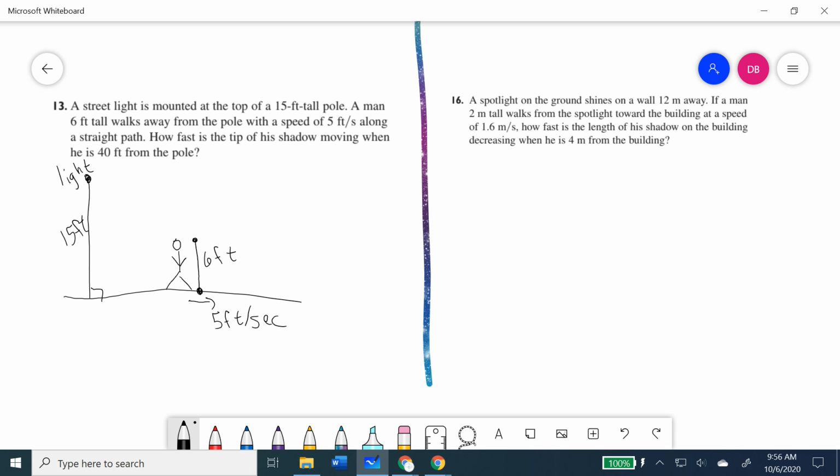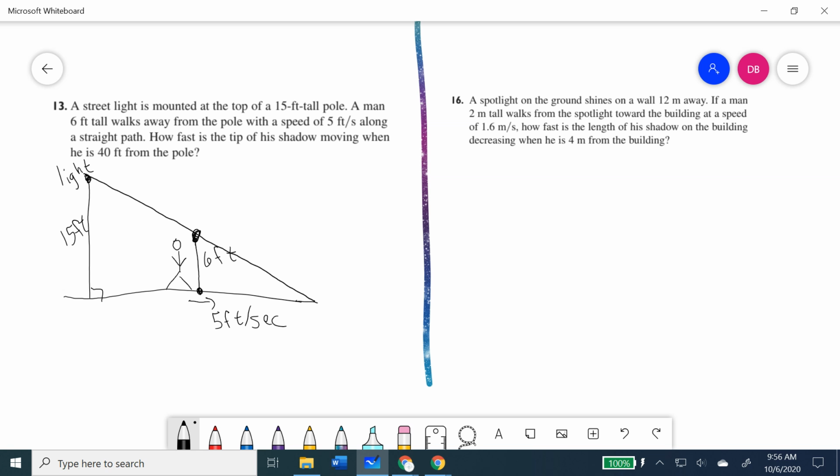And this problem is wanting to know how fast the tip of the shadow is moving. So I'm going to draw, well, whoop, there's 6 feet.